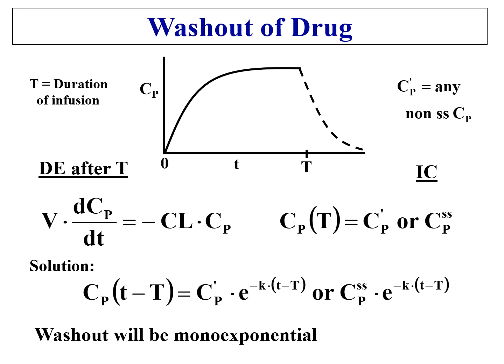Then we have CP prime times the exponential of k times the time elapsed, or it's the steady state with the exponential. Time is time elapsed. So in a way, this is a mathematical proof that the washout will be mono-exponential.